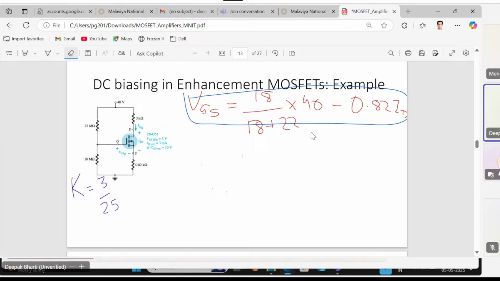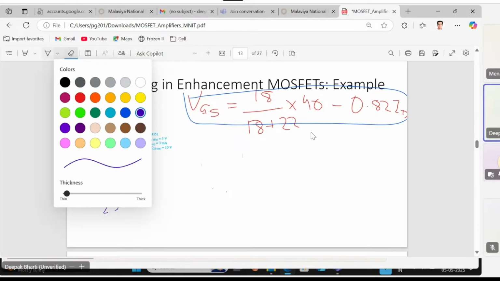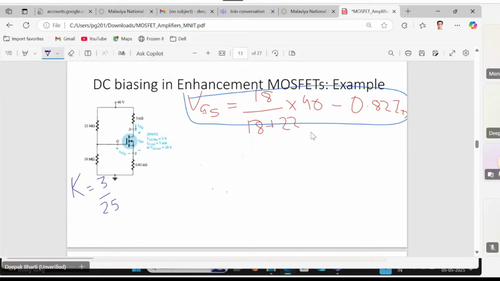Now, using this value of K, let's try to find out the value of ID. So ID is equal to K times VGS minus VT, whole square. Now what is VGS? VGS we have determined from here, that is 18 divided by 40 into 40. I am writing directly as 18 here. 18 minus 0.82 ID minus VT.